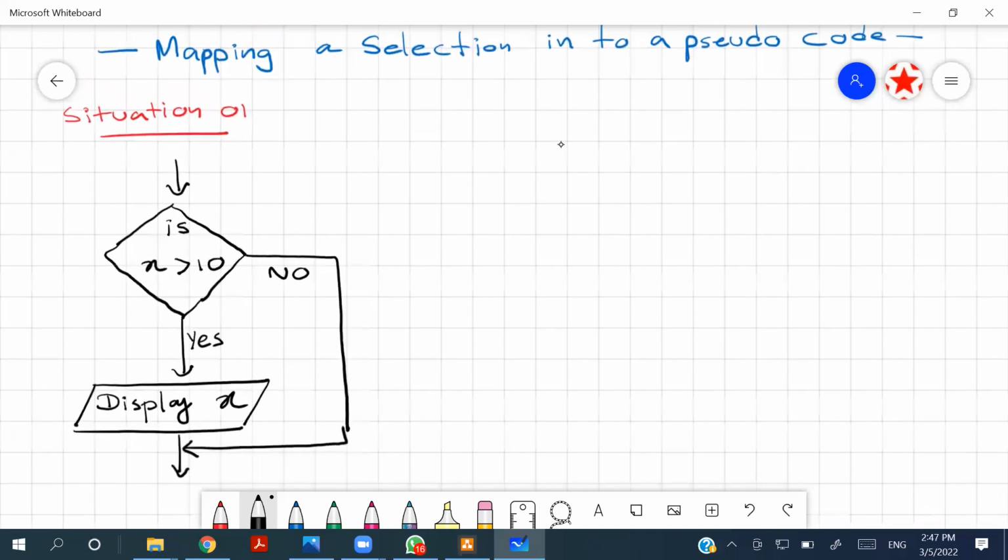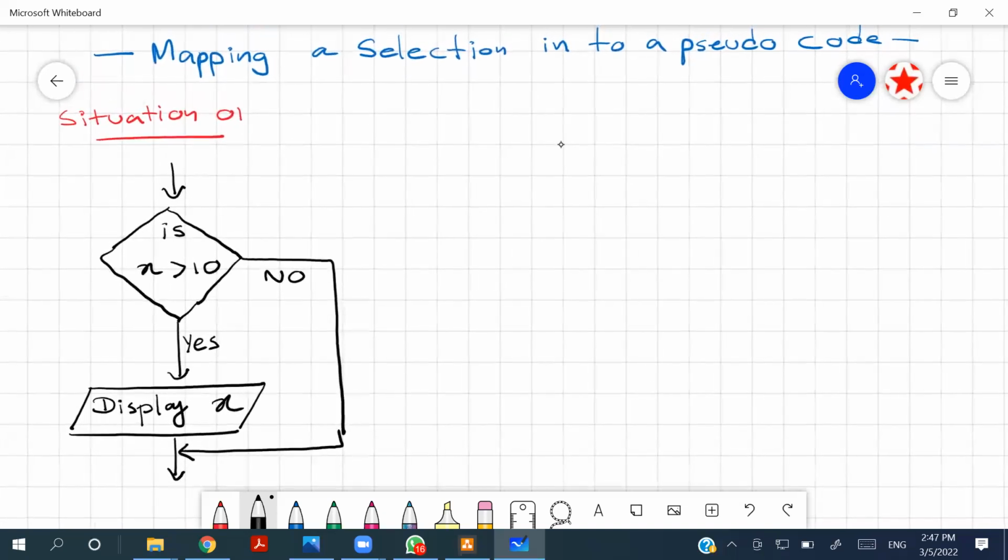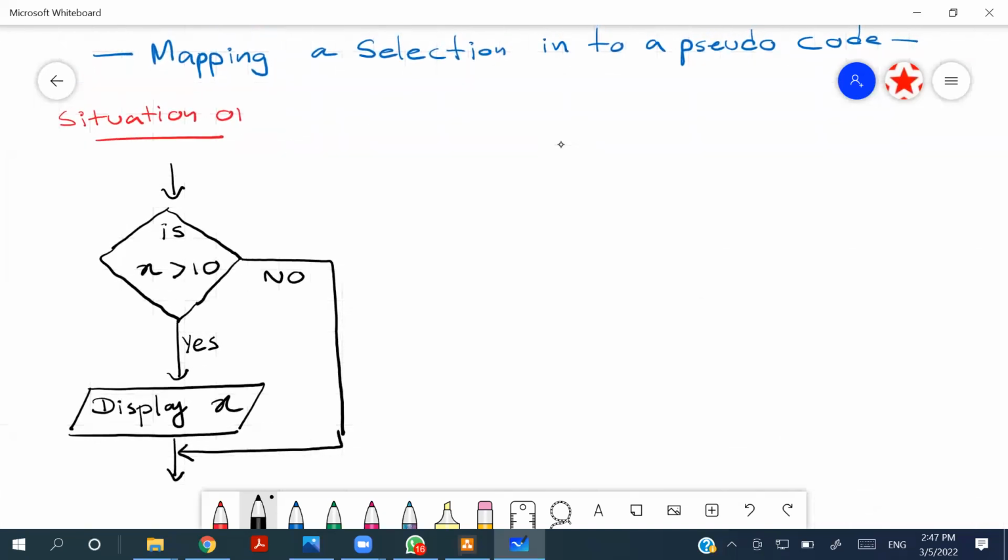Right, so mapping a selection into a pseudocode, situation 1. This is going to be your flowchart. It's better you draw with me, people.